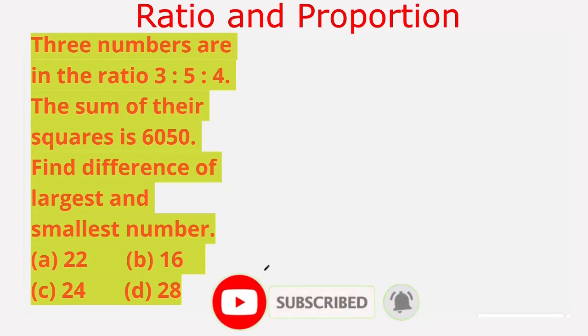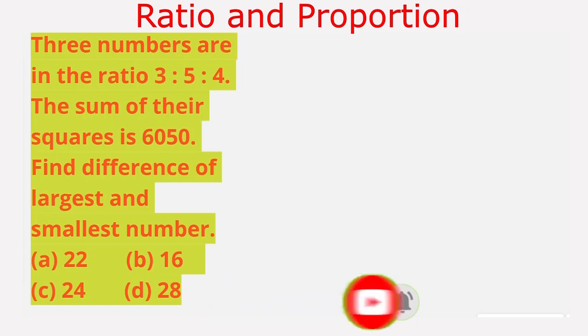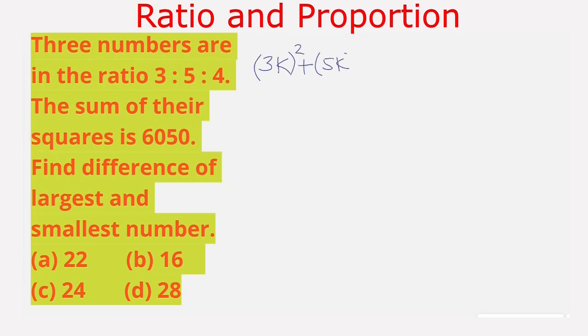Now let us solve it by the conventional method so that you can understand the concept of solving the question. Let the numbers be 3k, 5k and 4k. Therefore, the sum of their squares is 3k squared plus 5k squared plus 4k squared.